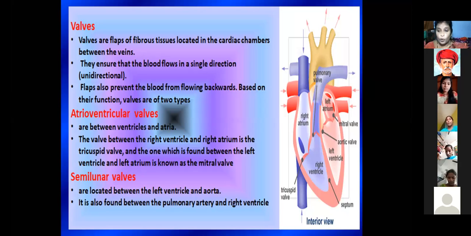These are all the valves located in our heart. The main function of the valves is pumping blood to all parts of the body.